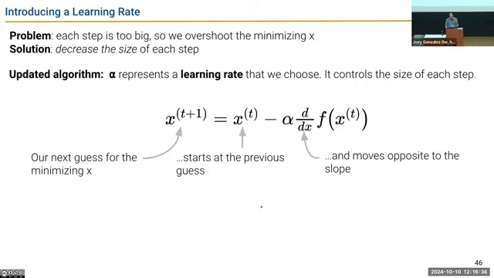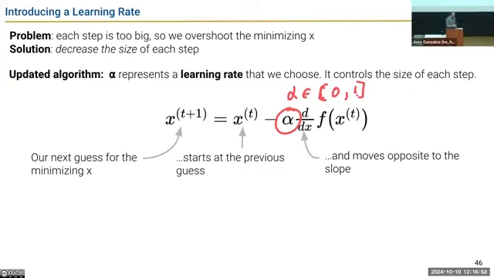So we built a new algorithm, which is almost identical to the old algorithm, except we brought in alpha. Alpha is a number between, let's not make it 0, that's a bad choice, 0 and 1. Okay, that's my algorithm. Pick a small alpha.